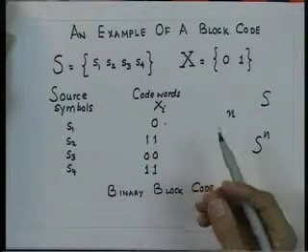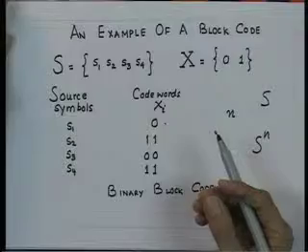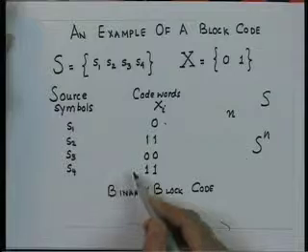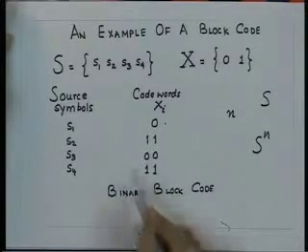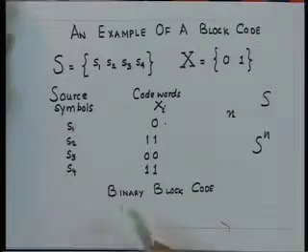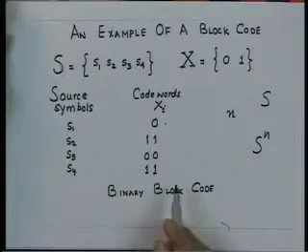So even if I consider messages of length 1, and I receive the code symbols 1 1, there will be ambiguity in decoding the source symbol. 1 1 could correspond either to S2 or to S4.